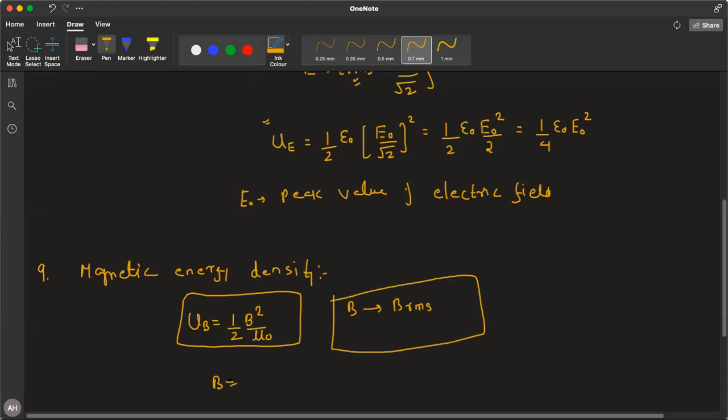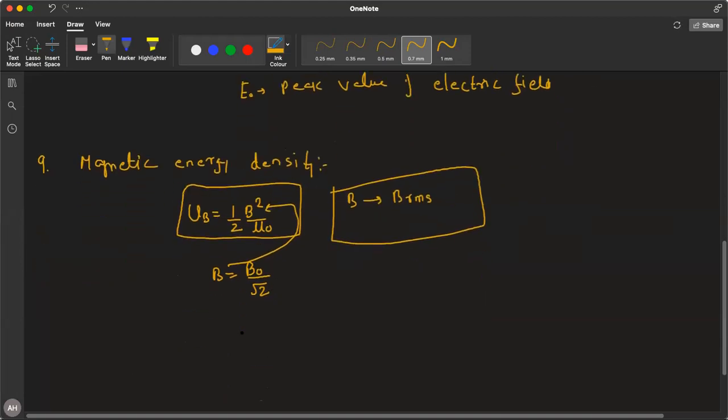What's the relation between the RMS value and the peak value? B is equal to B naught by root 2. So instead of this B, we can substitute B naught.